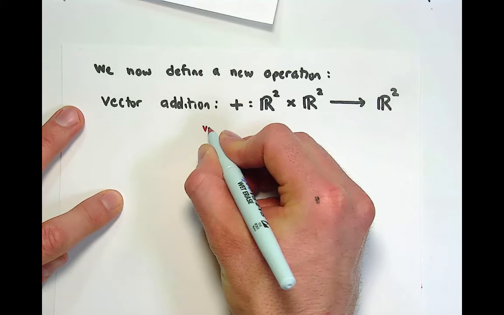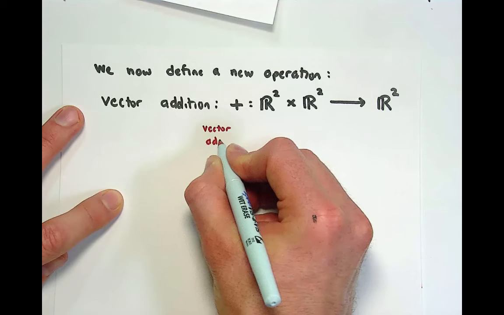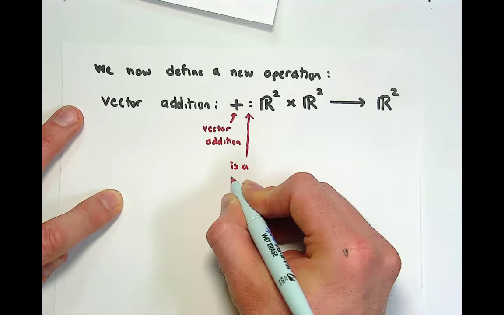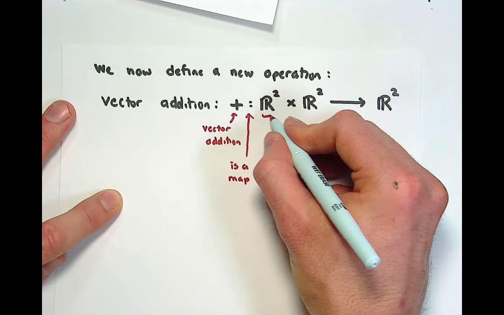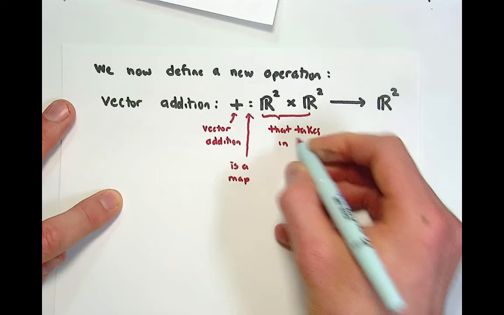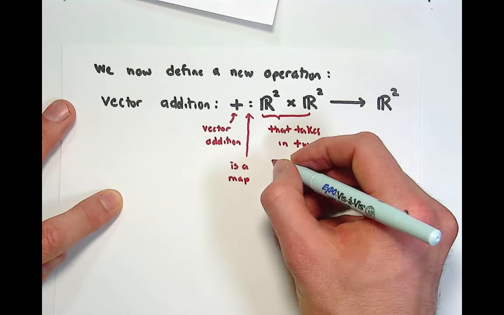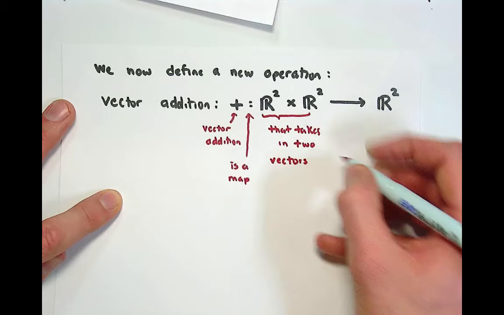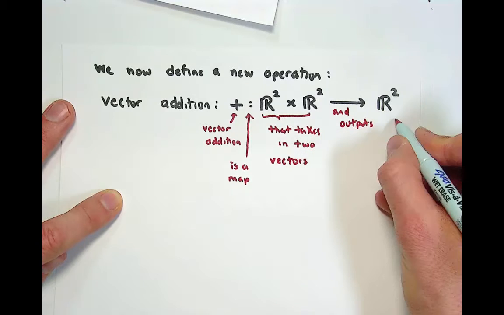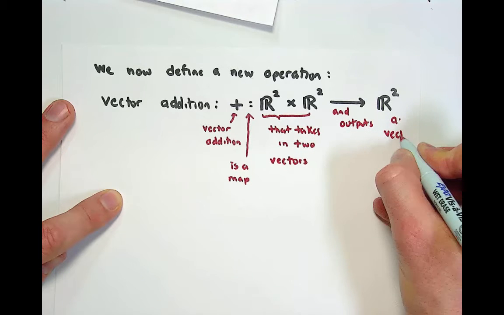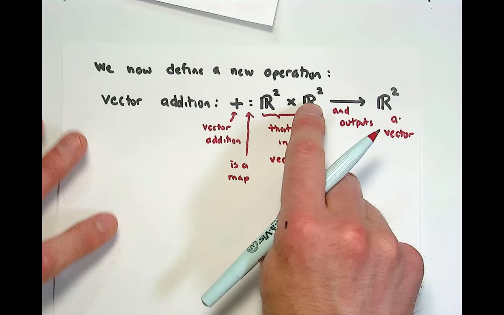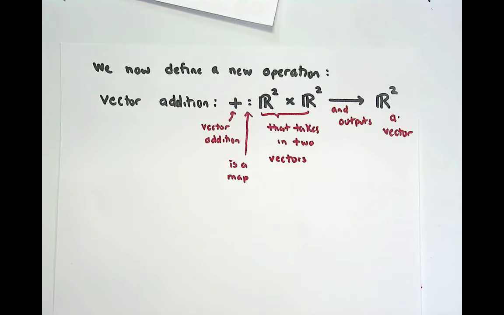So vector addition is a map that takes in two vectors and outputs a vector. See it? On the left of vector addition, we're going to put a vector. On the right, we're going to put a vector, and we're going to produce a vector.